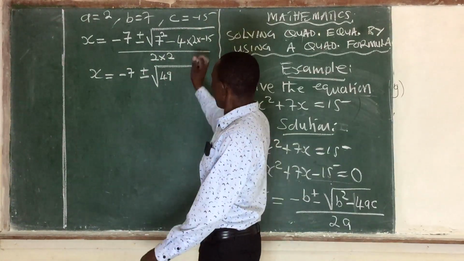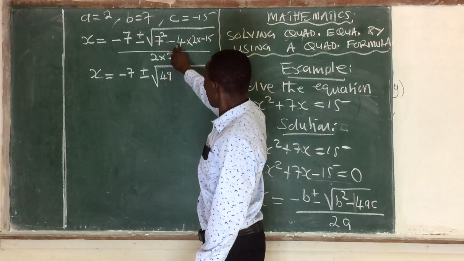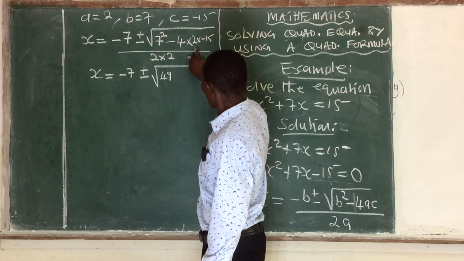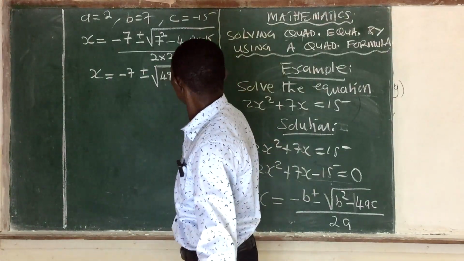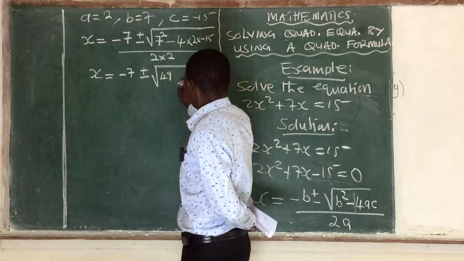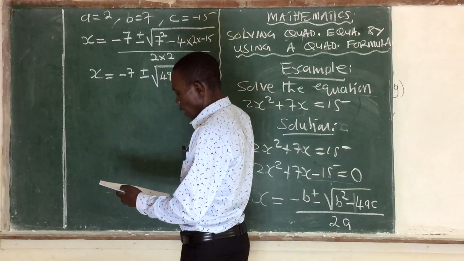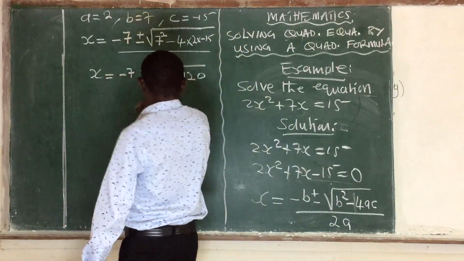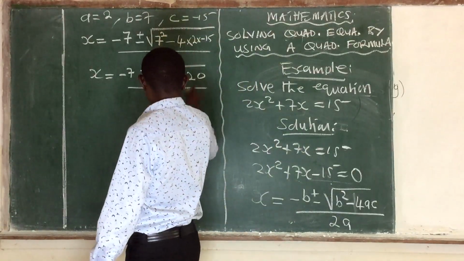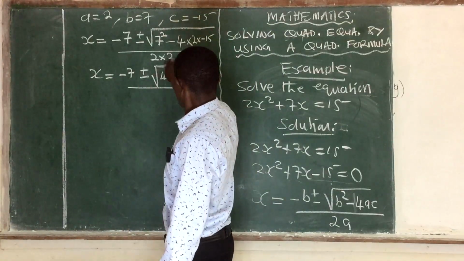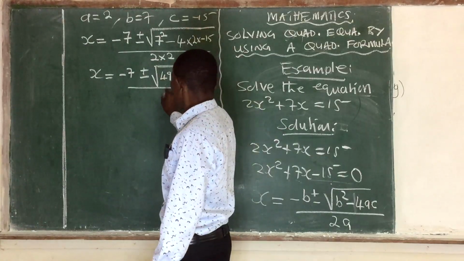Then here it'd be like negative 4 multiplied by 2 multiplied by negative 15. The answer of which you get there will be positive 120. That's what you have there. Now, down here, the denominator, what do you get? It's 2 multiplied by 2. So this one gives us a 4.